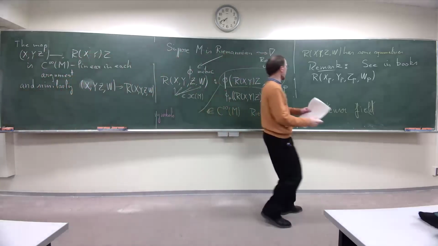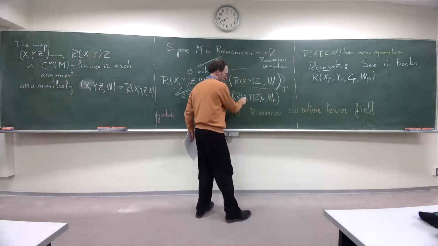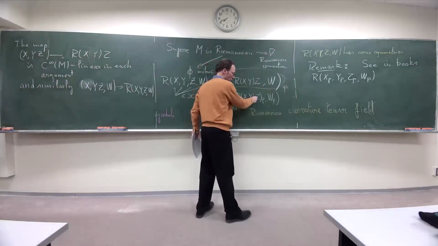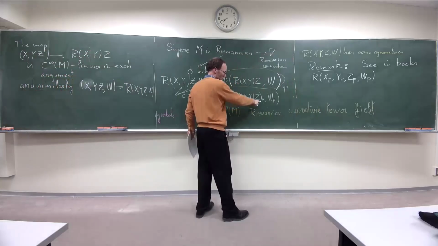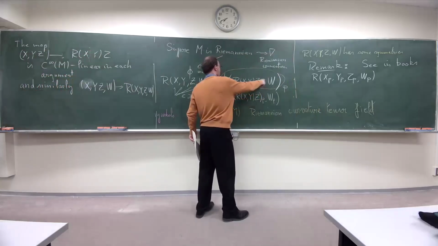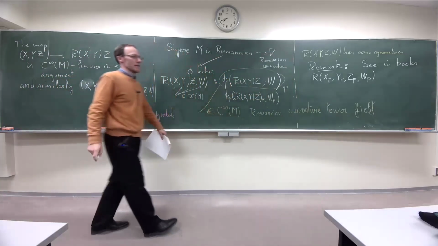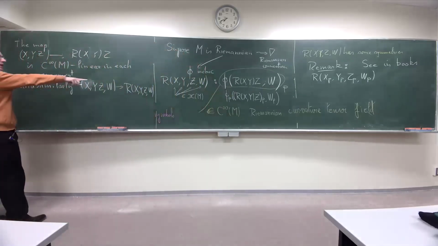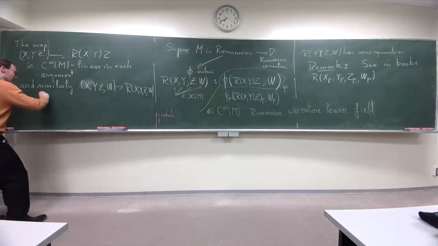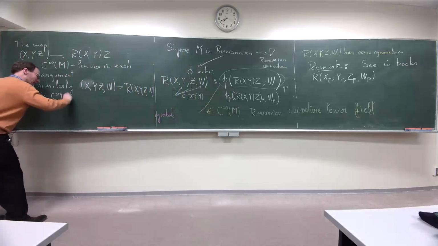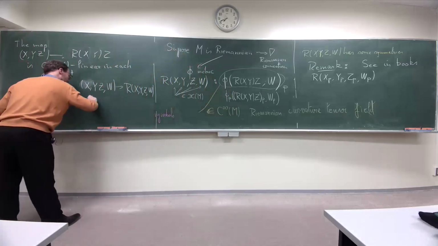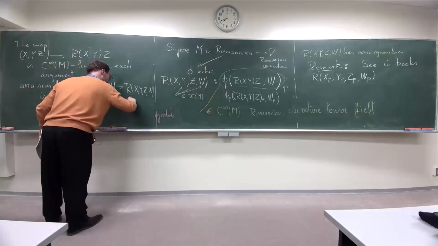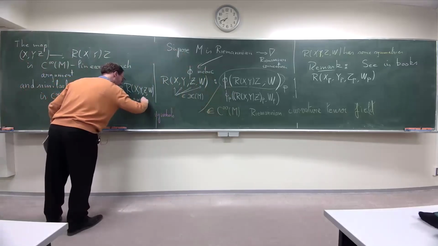You already know that it's C infinity of M linear in these 3, but it turns out that it's also C infinity linear in this one because of this scalar product or metric. So this is C infinity of M linear in the 4 arguments. This is the first remark.